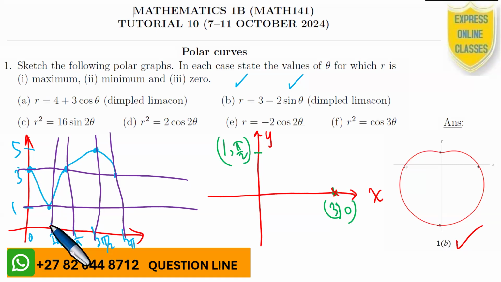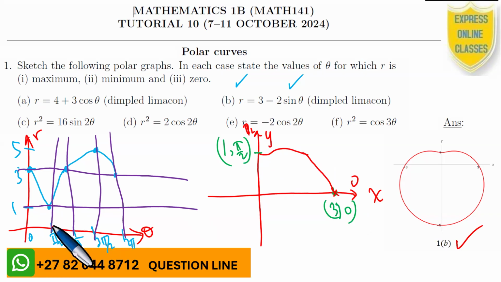There is a decrease from 3 to 1 in r, because this is r theta. There's a decrease in the radius as theta increases. As theta increases between 0 and pi over 2, the radius decreases. It was 3 and then it becomes 1.